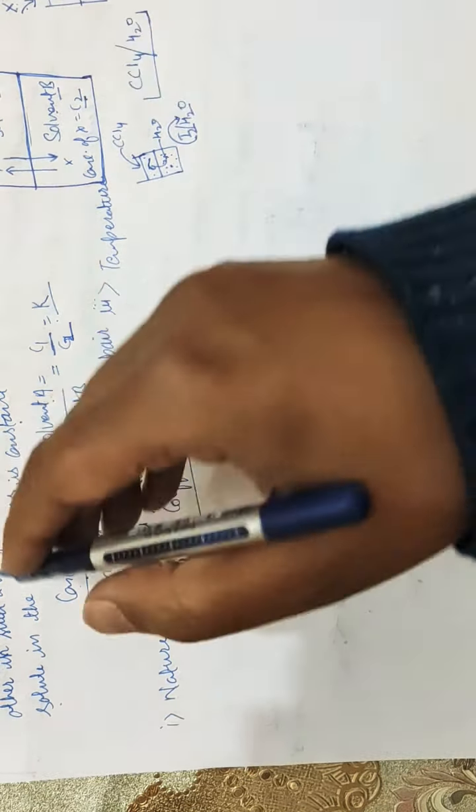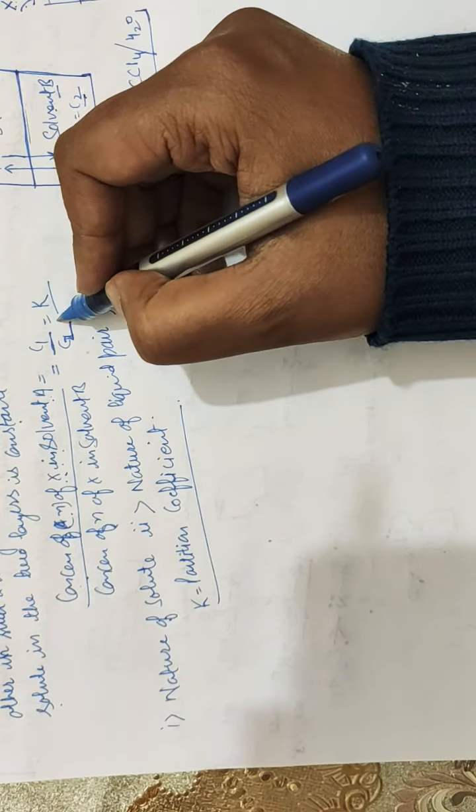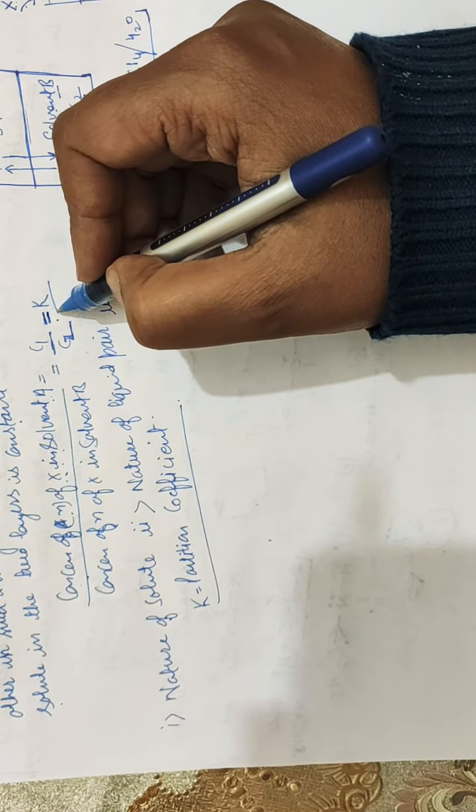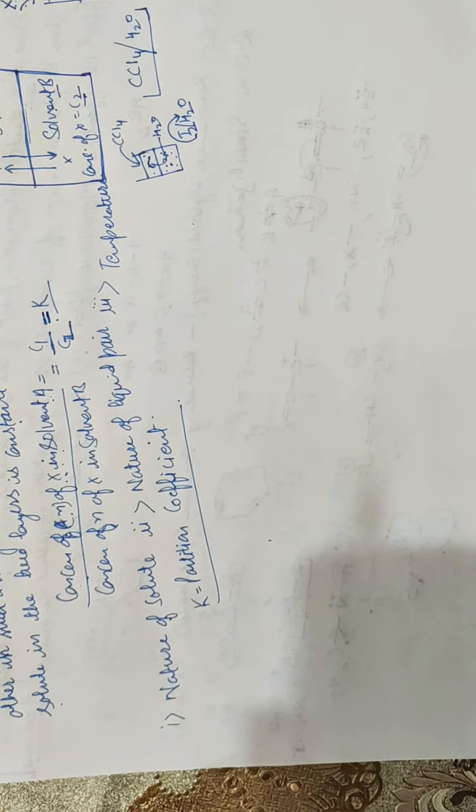The partition constant is also a kind of equilibrium constant, so it will change with temperature. At a particular temperature, the partition coefficient will have a particular value. The change in the value of the partition coefficient K for 1 degree rise in temperature is known as the temperature coefficient.